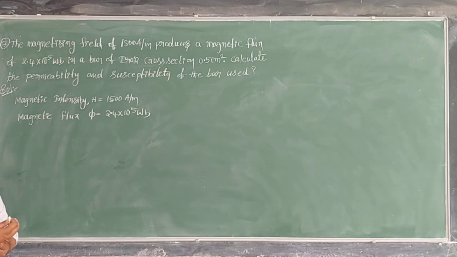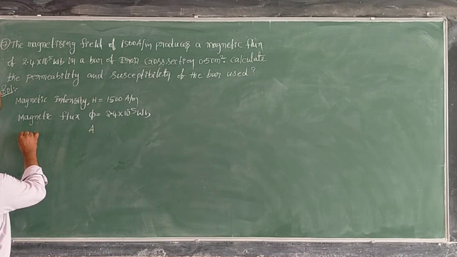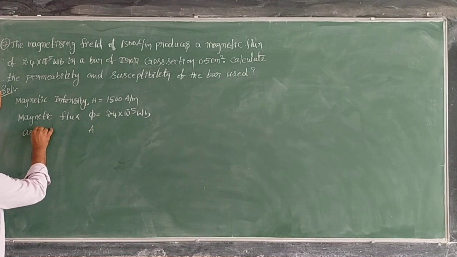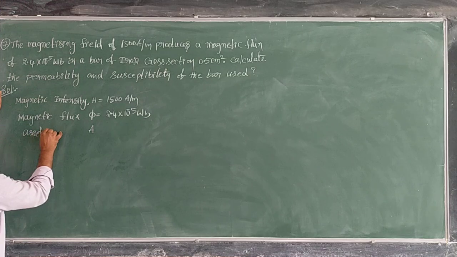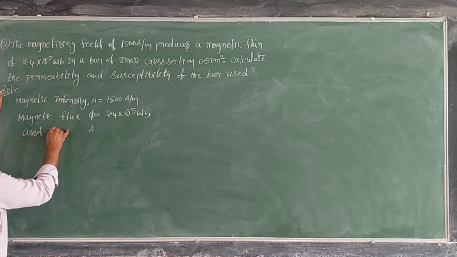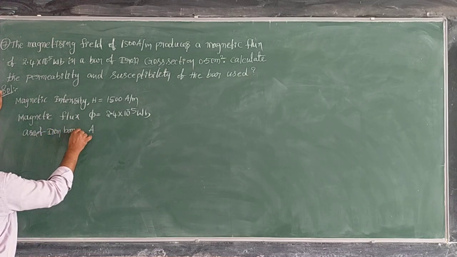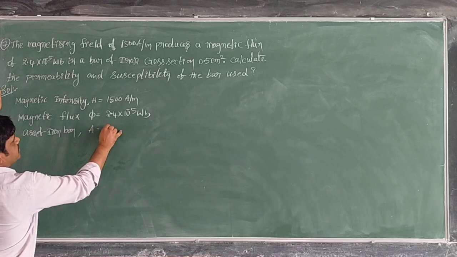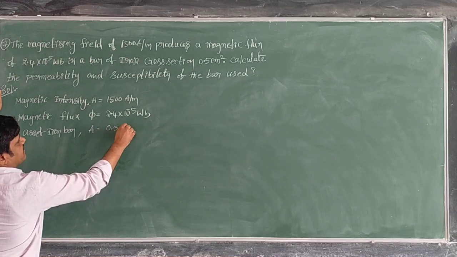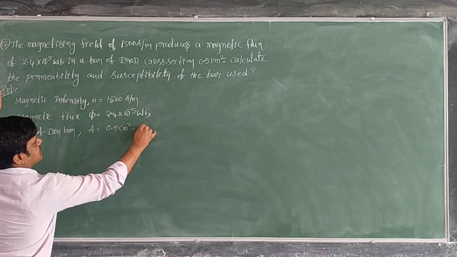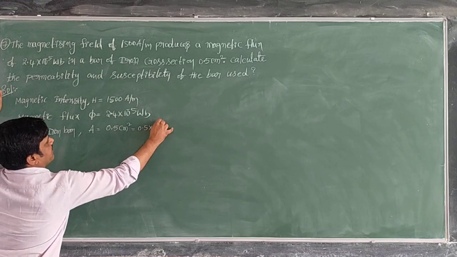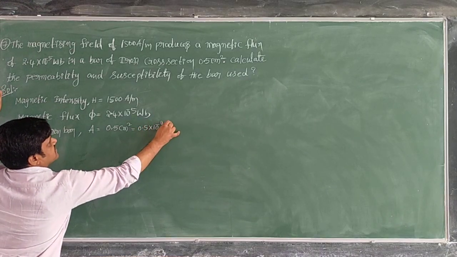One iron bar they have taken as a sample, whose cross-sectional area A is equal to 0.5 centimeters square. Convert into meters: 0.5 into 10 power minus 4 meter square.